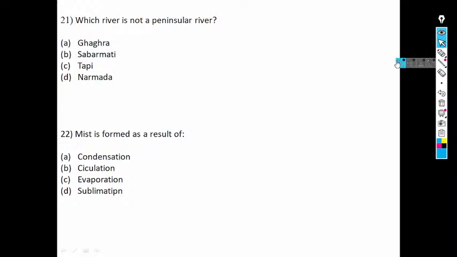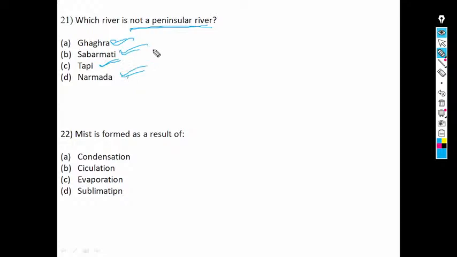Which river is not a peninsular river? Ghagra, Sabarmati, Tapi and Narmada.